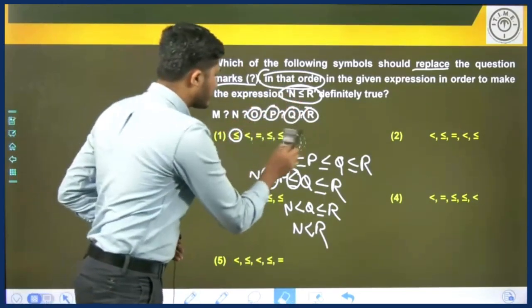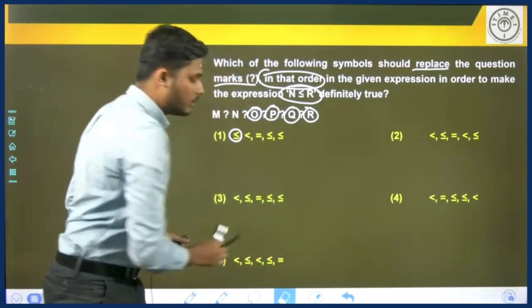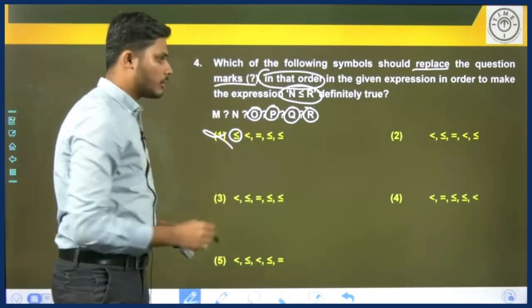Hence, choice 1 will not replace the question mark, and choice 1 is eliminated.